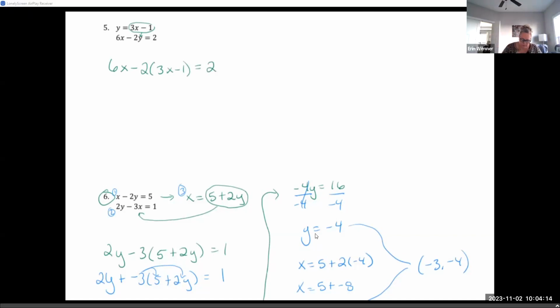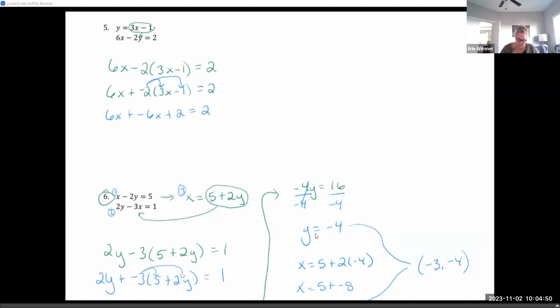So like we did before, let's change that to a plus -2 times 3x minus 1. It's the little things like this that are going to make it so you might make mistakes. So remembering that we're changing all the signs inside, distributing that through, I'm going to have 6x plus -6x, and then -2 times -1 makes it a +2.